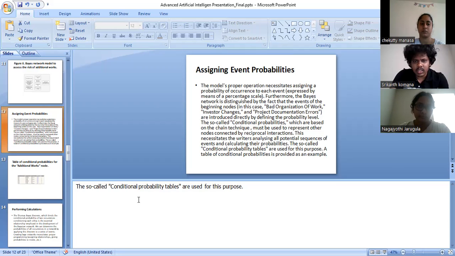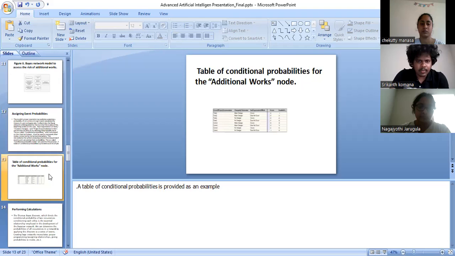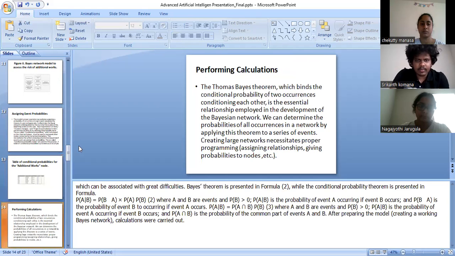This necessitated the writers analyzing all potential sequences of events and calculating their probabilities. Conditional probability tables are used for this purpose. A table of conditional probabilities is provided as an example, the table of conditional probabilities for the additional works node.